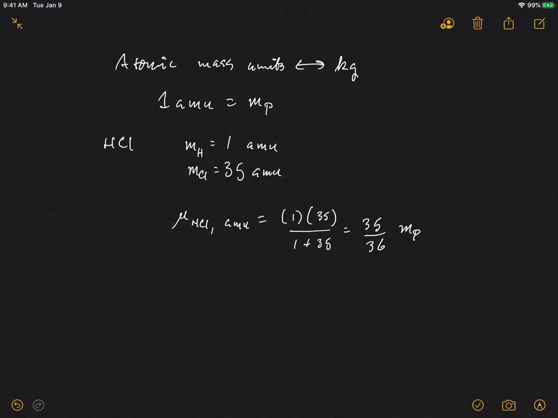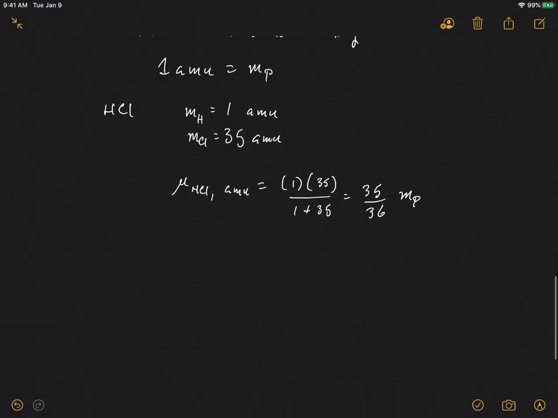And so it's a little bit less than the mass of a proton, and this is typical. So the reduced mass for HCl is going to be similar to other diatomic acids, like HBr or HI.